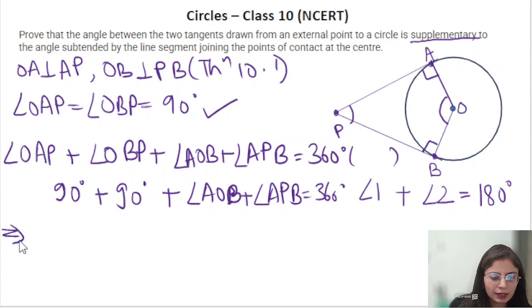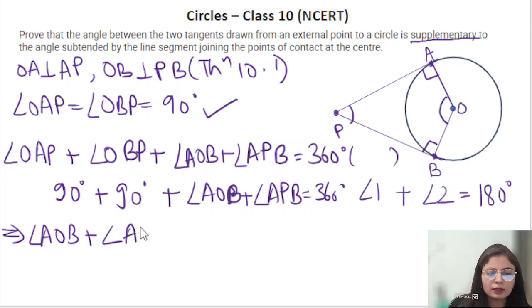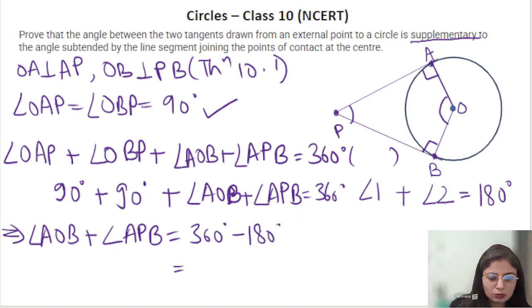This implies angle AOB plus angle APB equals to 360 degrees minus 180 degrees, which is equal to 180 degrees. Since the sum of angle AOB plus angle APB is 180, so these two angles are supplementary. Hence we have proved.